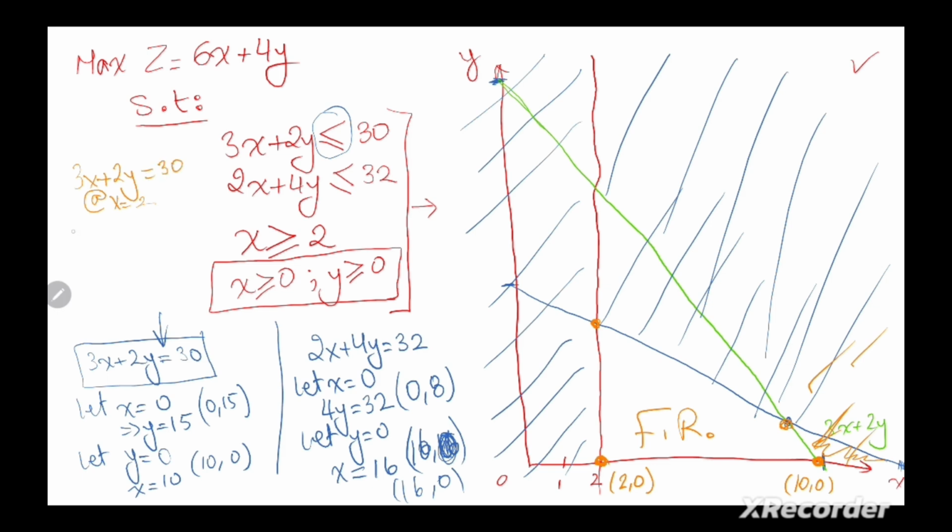So y equals (30 minus 3x) over 2. So 3 times 2 is 6. 30 minus 6 is 24, over 2. So y is equal to 12. So this one is (2, 12). Right?